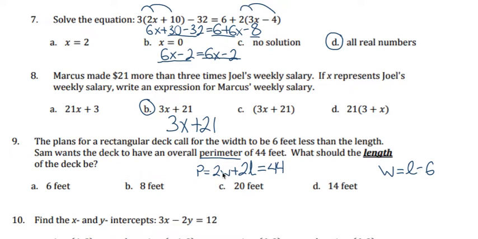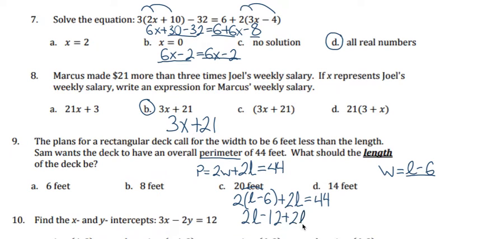So instead of W, we're going to plug in what W is equal to. And we're going to find 2 times L minus 6 plus 2 times L equals 44. We can distribute the 2. 2 times L is 2L. 2 times negative 6 is negative 12.